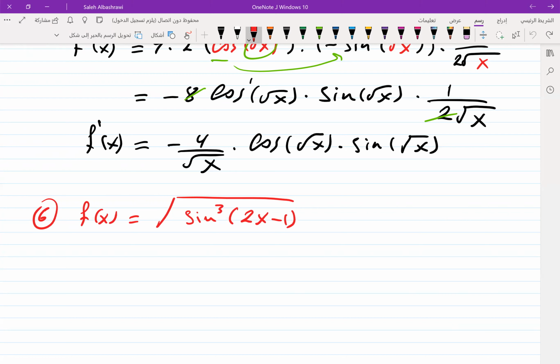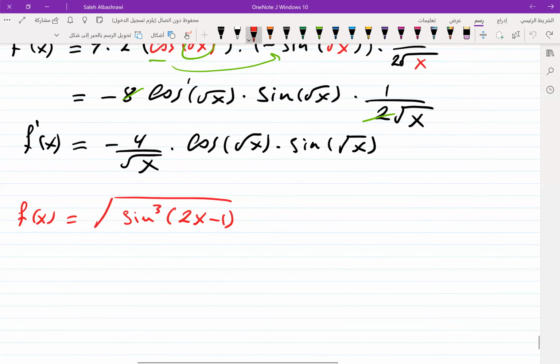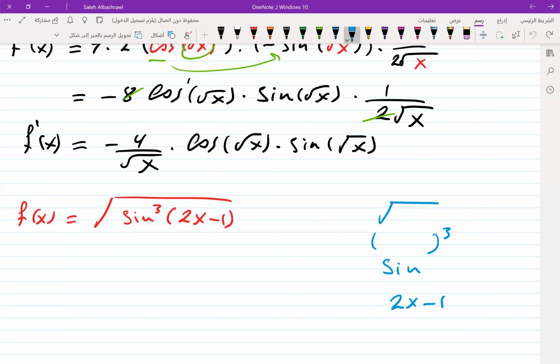Let me see how many functions we have in this one. We have square root. We have power 3. We have sine, and we have 2x minus 1.